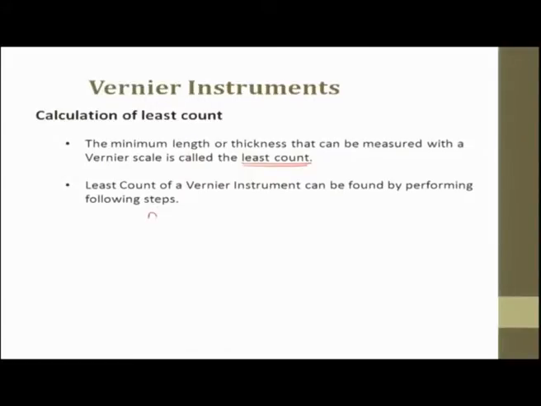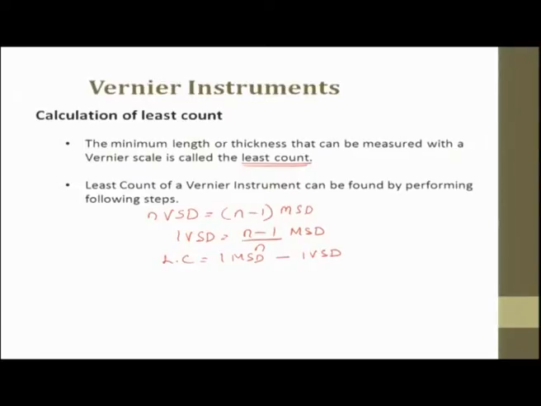So, what we do is n VSD equals n minus 1 MSD, vernier scale division and main scale division. So, 1 VSD equals n minus 1 by n MSD. Least count is nothing but 1 MSD minus 1 VSD.